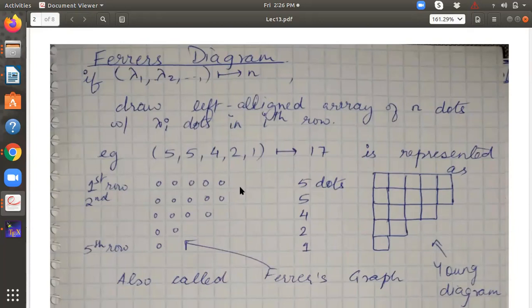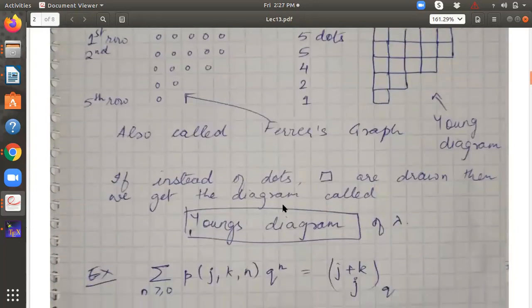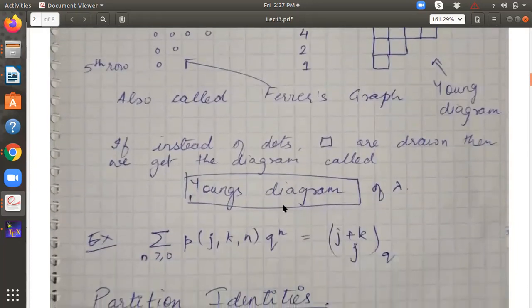What does that mean? It will be a left aligned diagram. And the corresponding lambda prime will again be a partition of that same number, written in non-increasing order. So this is all we talked about last time.